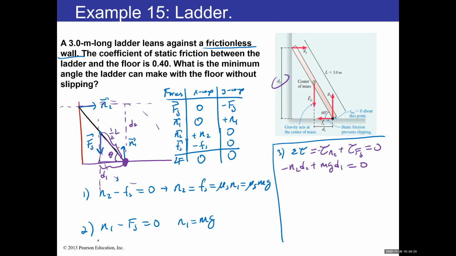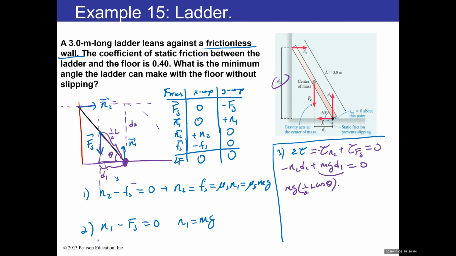Remember, cosine theta is adjacent over hypotenuse, so D1 is the hypotenuse times cosine theta. That means this term becomes mg times 1/2 times the length times cosine theta.